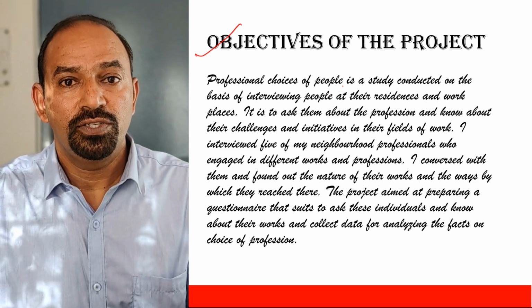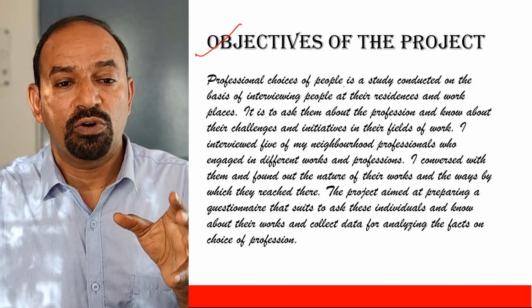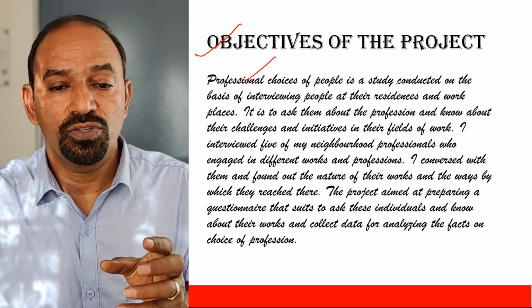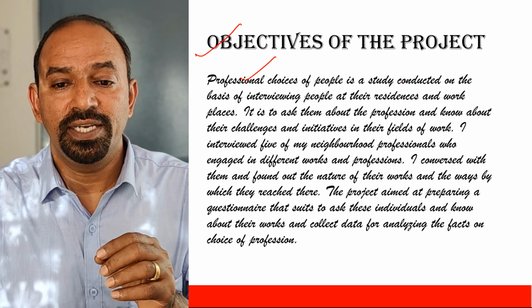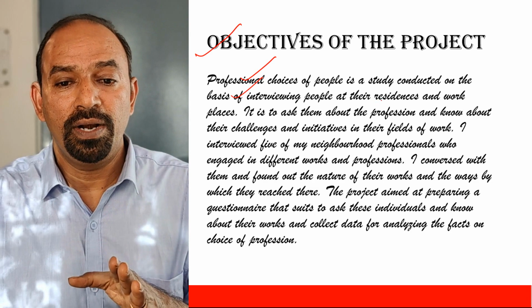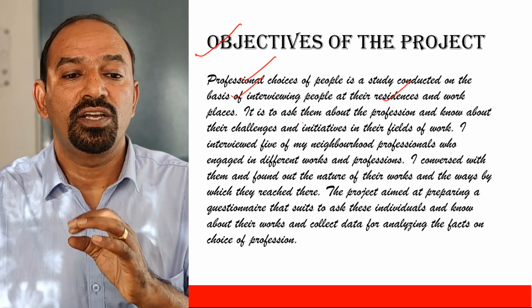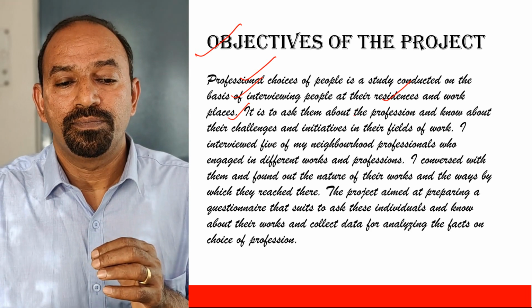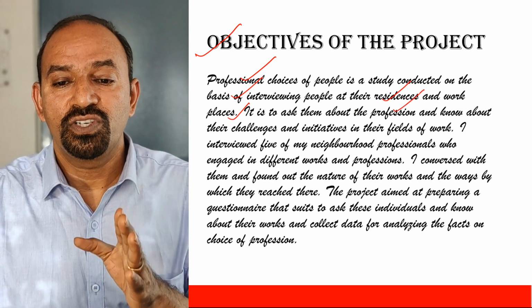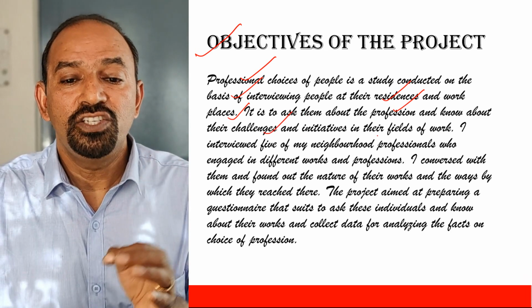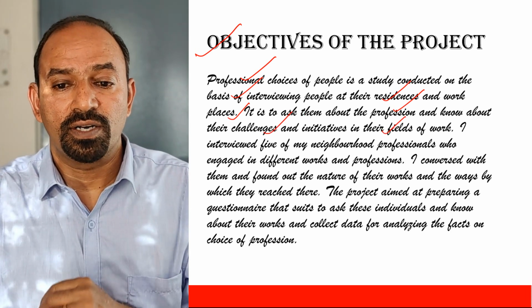After the front page and the title page, you can write the objectives of the project. Professional choices of people is a study conducted on the basis of interviewing people at their residences and workplaces. It is to ask them about the profession and know about their challenges and initiatives in their fields of work.